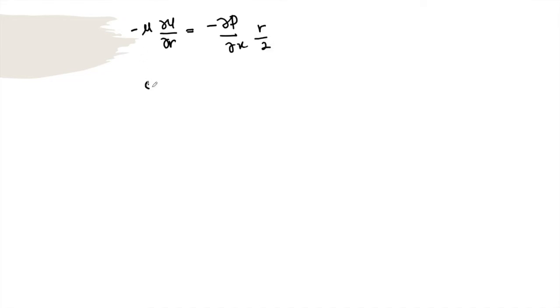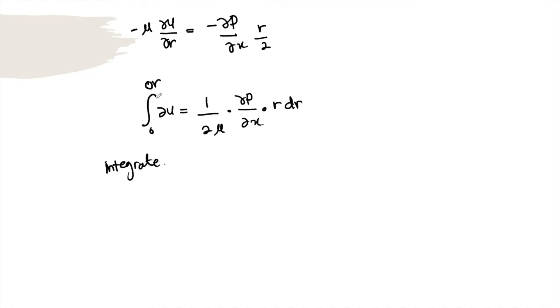We can rearrange this equation and it will become del u equals 1 over 2 mu del p over del x, times r dr. So we have this equation, and then we have to integrate this one from 0 to u, and integrate this side.